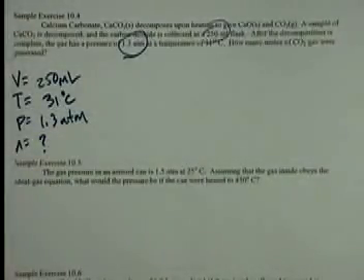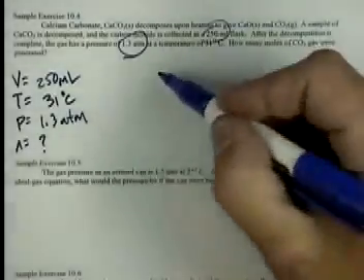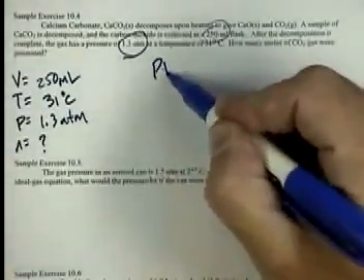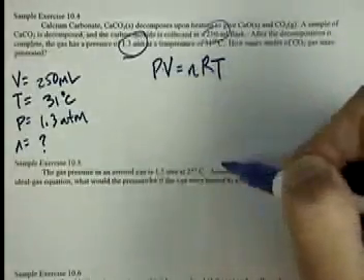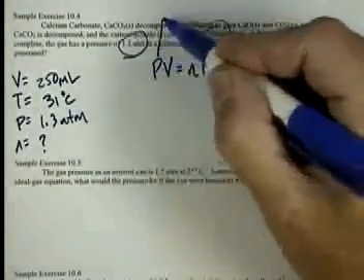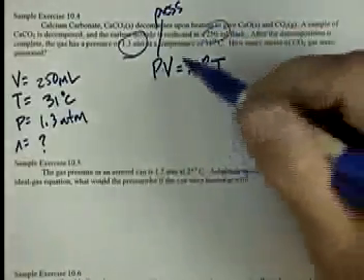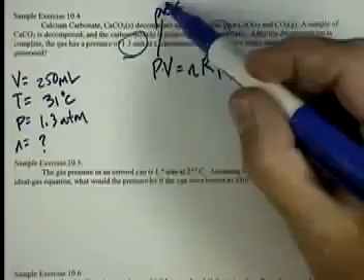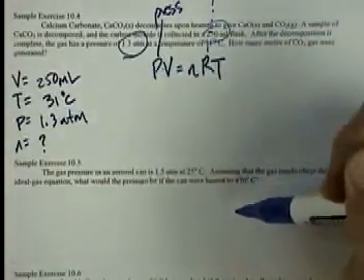Well, there's a relationship between pressure, volume, temperature, and number of moles of gas that's given to us by a really simple equation. The equation is called the ideal gas law, and the ideal gas law is written as PV = nRT, where P stands for pressure, and it can be in any units, just as long as it matches up with our value that we have over here for R. We'll talk about that in a second.